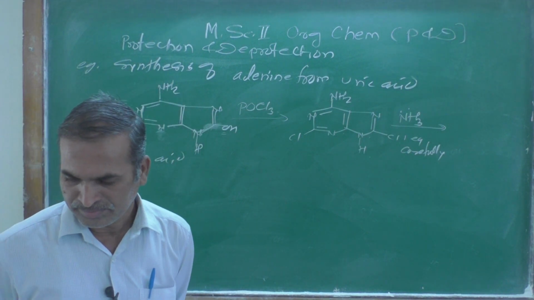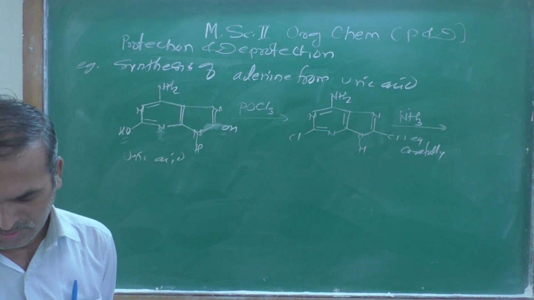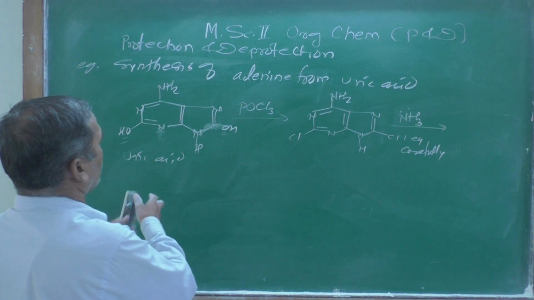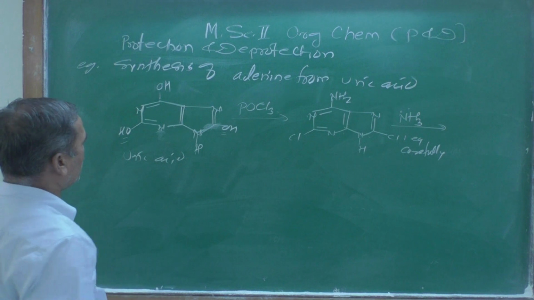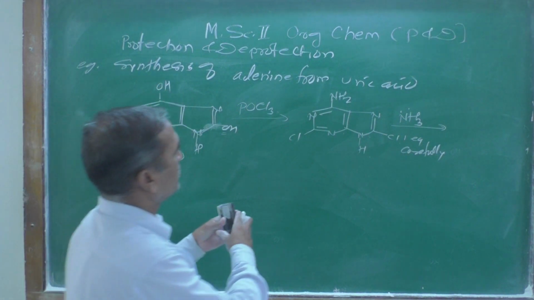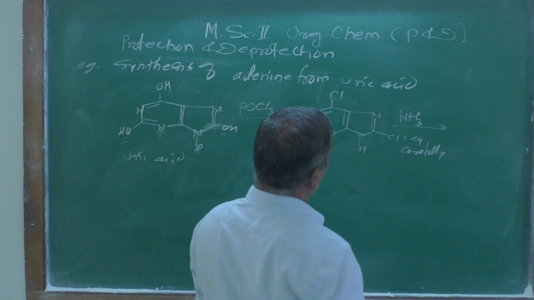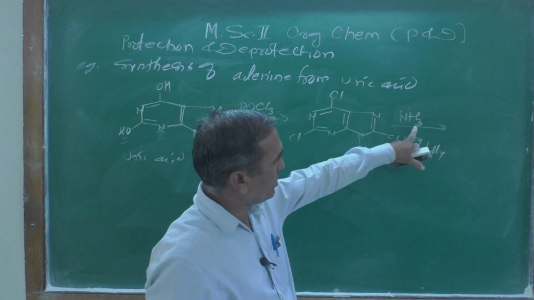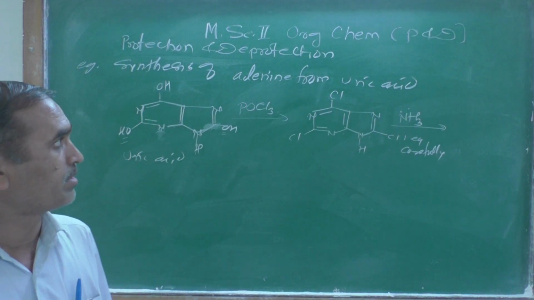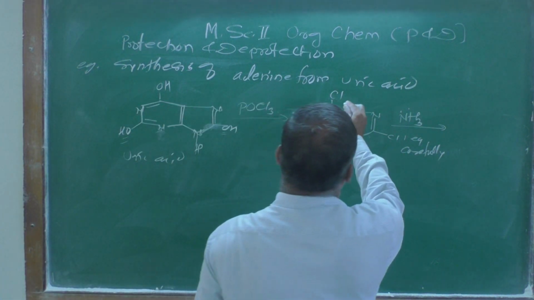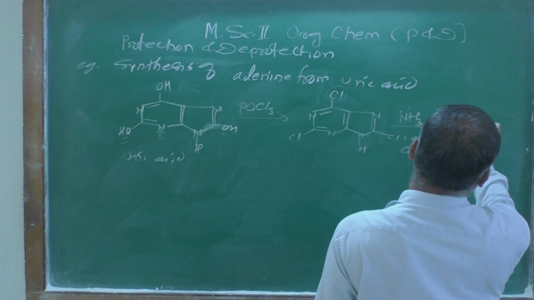You are going to get this, with an OH here and also an OH there, and one chlorine atom is replaced by NH2, specifically by adding one equivalent of ammonia carefully. After adding that, this chlorine atom gets replaced by this group.